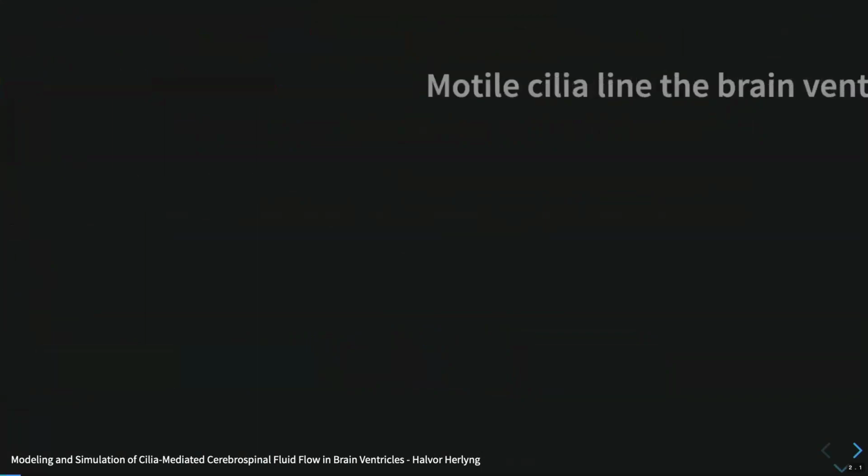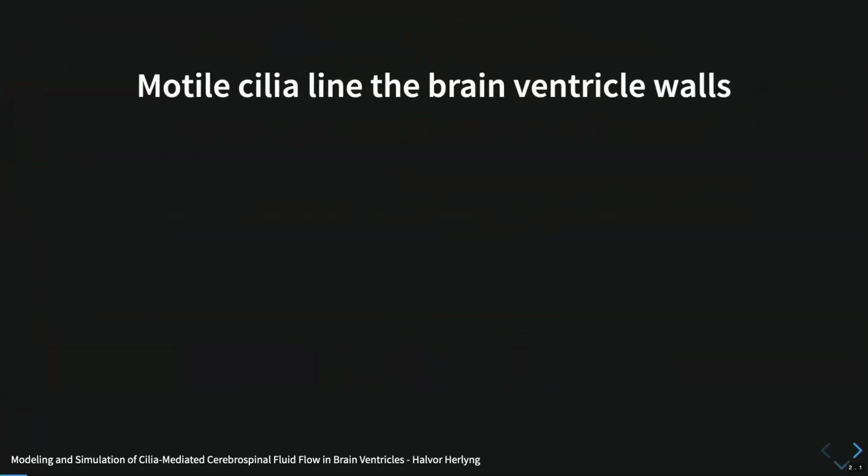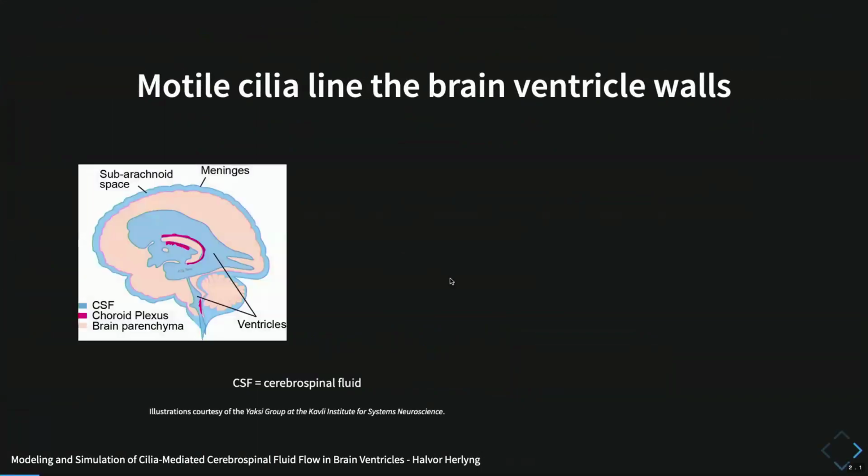So first of all, what are motile cilia? This is a cartoon, a caricature of our brain, and you have this squishy part that you see in movies. This is the brain parenchyma, or part of it, and inside it you have ventricles, which are hollow structures filled with cerebrospinal fluid.